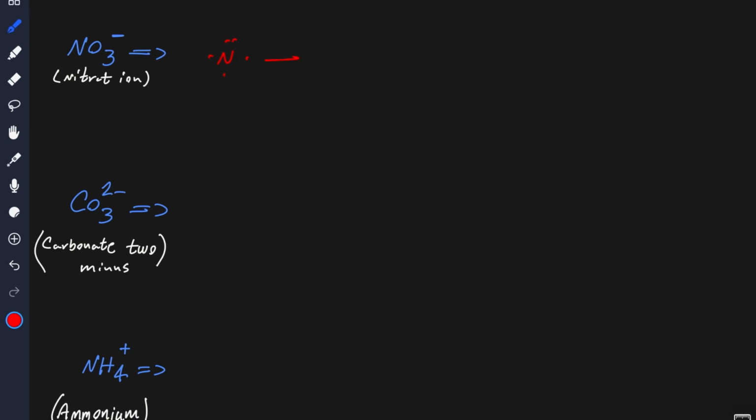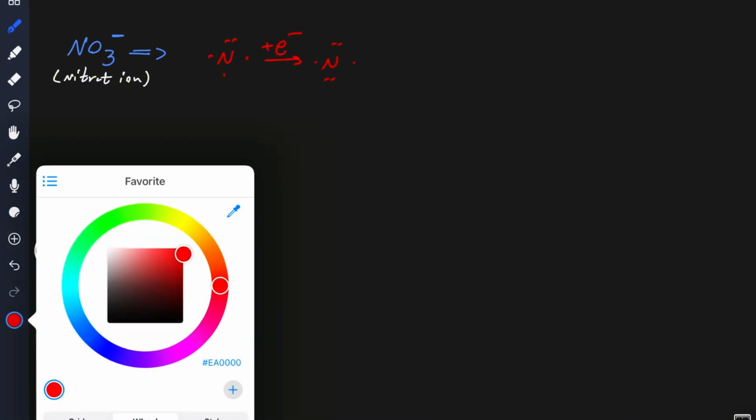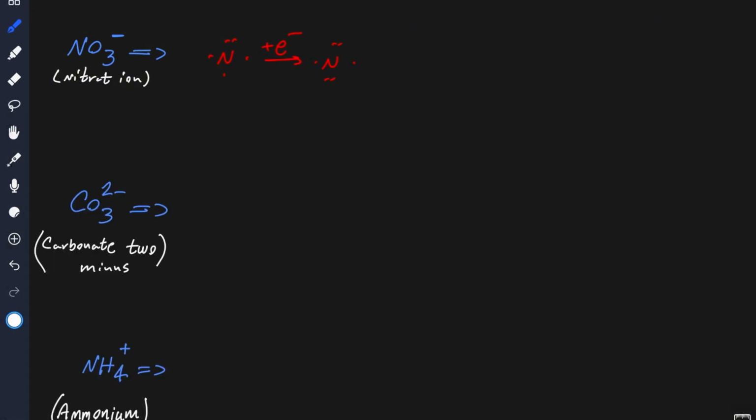So plus 1 electron makes nitrogen like this form. So now we can draw the Lewis structure of NO3 minus 1 plus 3 electrons.